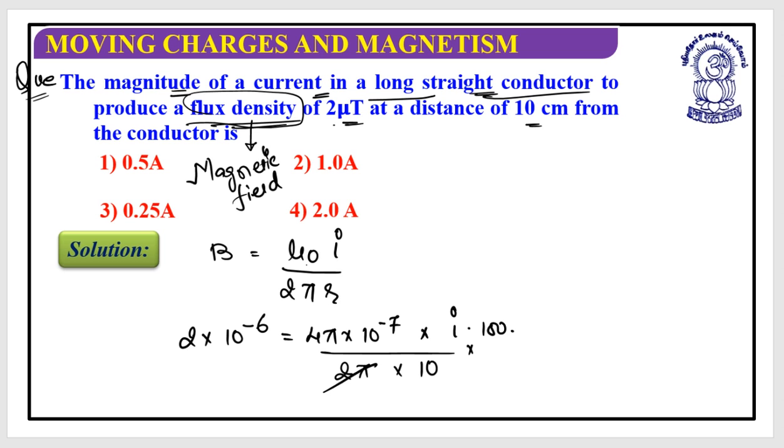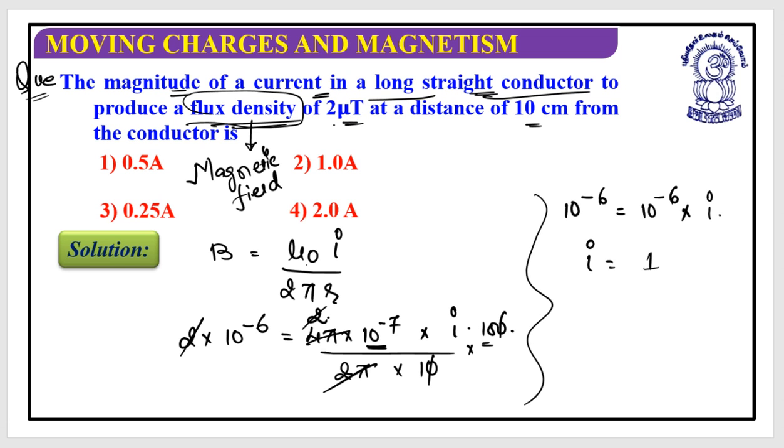The 2 pi has gone, so I'm left with 10 over 100, which is 10 to the power minus 1. This gives 2 into 10 to the power minus 6 equals 2 into 10 to the power minus 7 multiplied by 10 to the power 1 multiplied by I, and I could be written as 1 ampere. That's it.